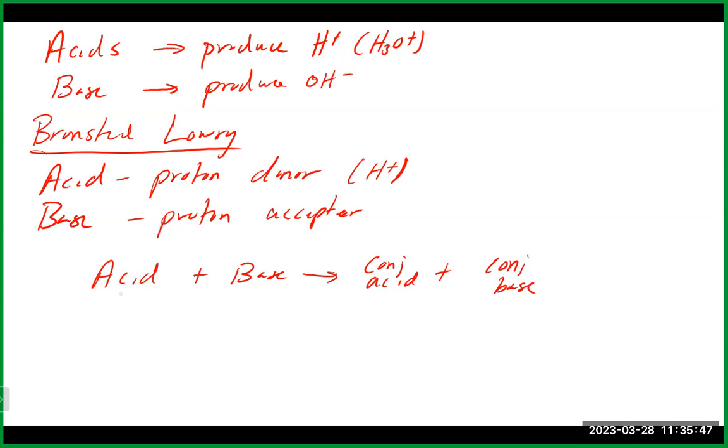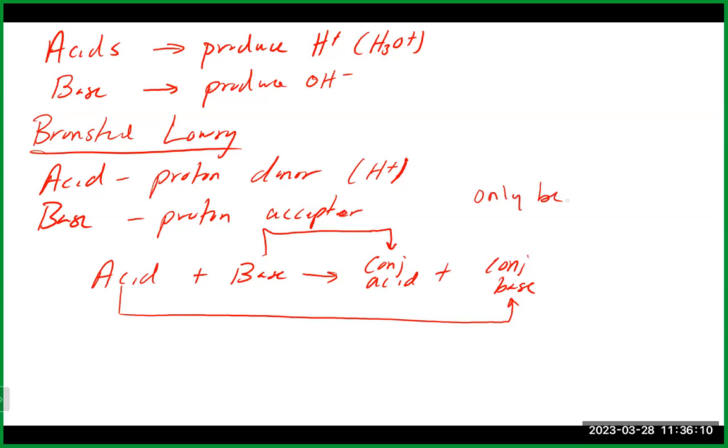The acid on one side is partnered with the conjugate base on the other side, and the base on one side has its partner, the conjugate acid, on the other side. Remember that for these to really be pairs, the only difference there can be is one H plus.